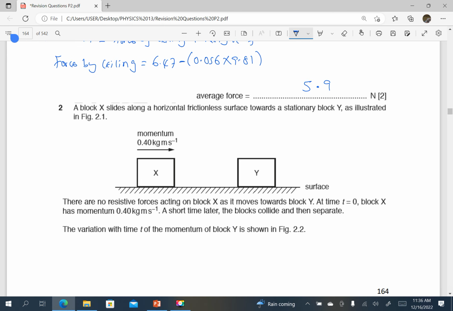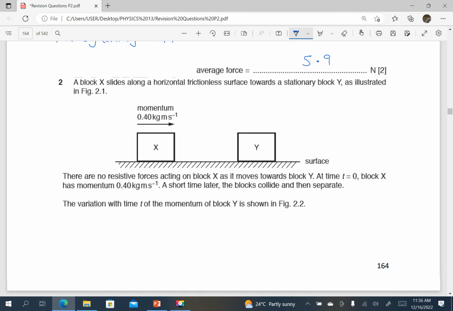Ball X slides along a horizontal frictionless surface towards a stationary block Y as illustrated. In the figure, we have momentum 0.4 for X. Y is stationary, so its momentum is 0 initially. There are no resistive forces acting on block X as it moves towards Y. At t equals 0, block X has that momentum.